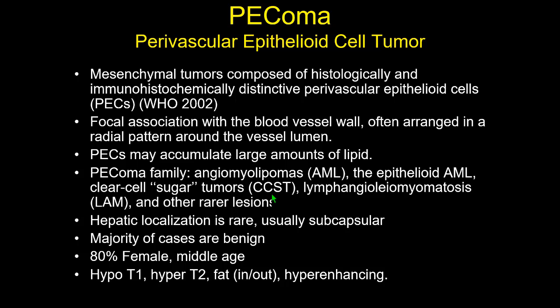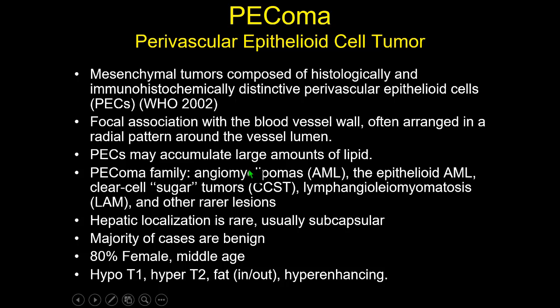These are mesenchymal tumors composed, histologically and immunohistochemically, of perivascular epithelioid cells. They develop around the vessel. And in these cells, we can have lipid.